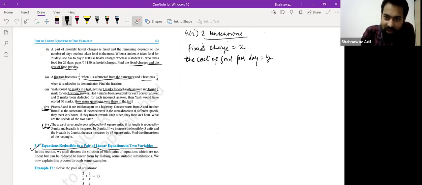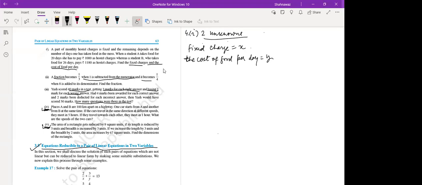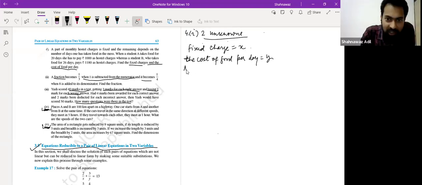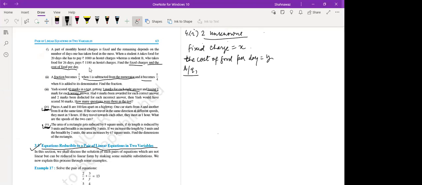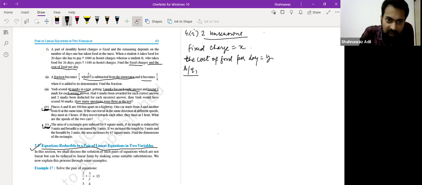Okay, so yes, fixed charge X and the cost Y. Yes, so Adil, are you around? This is Talha's question, so sorry to bother you. So what will be the equation, Talha? So the 20 days amount will be what?